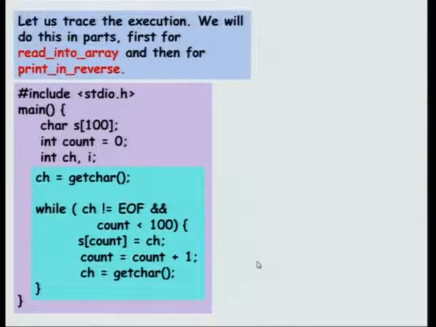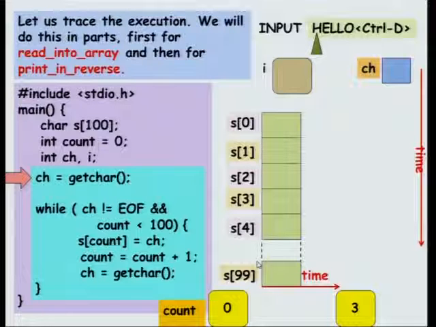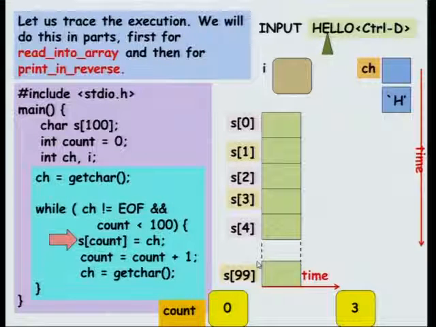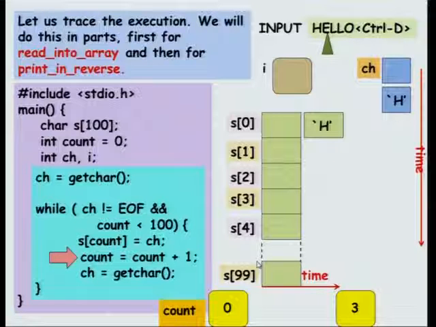Okay. So let's trace the execution for a small sample input. Say the input is hello, and then the user presses Ctrl D for end of file. Let's see what will happen. You start reading into the array. So s[count] with count equal to 0 starts setting the array.